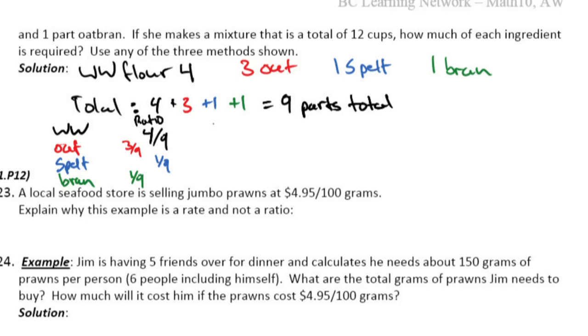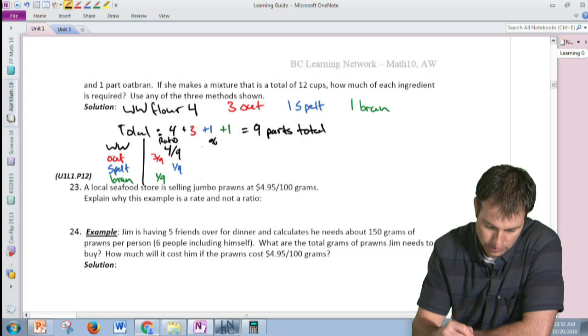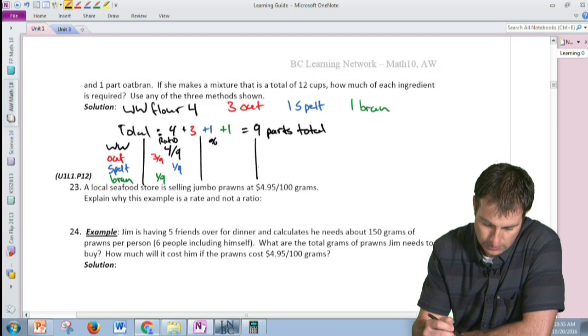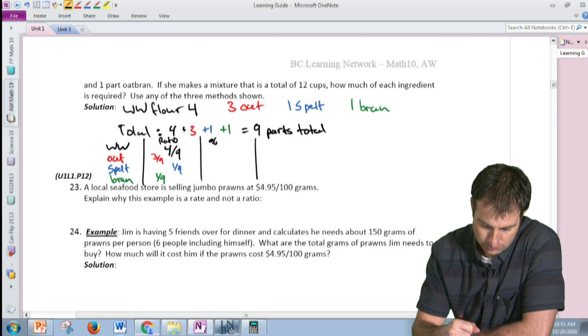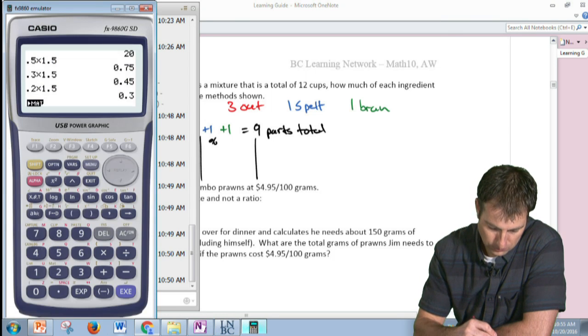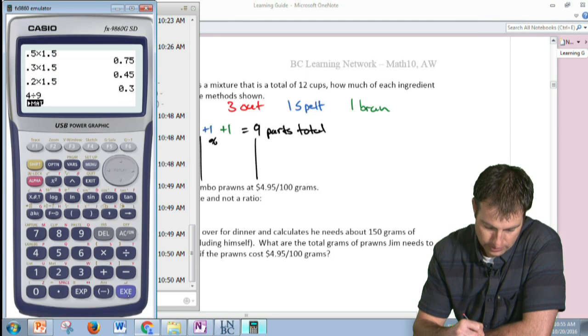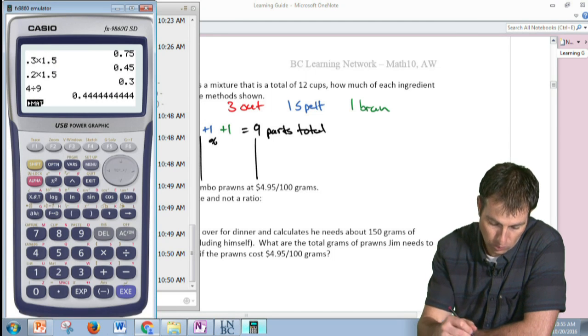So the next column, we'll figure out the percent. 4 out of 9. Four divided by 9 is 44%.